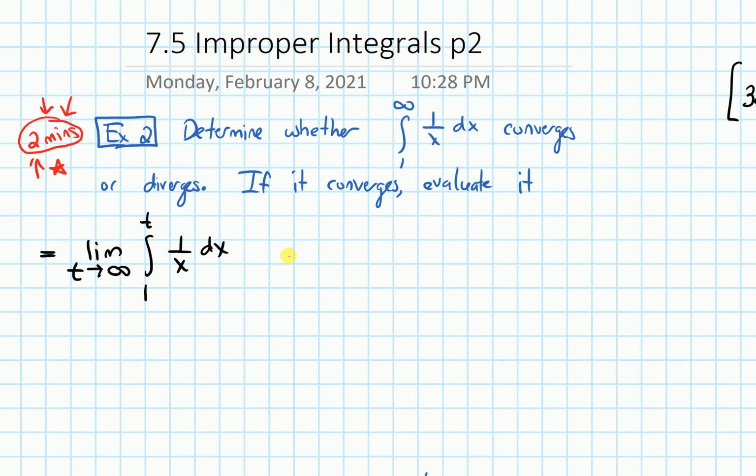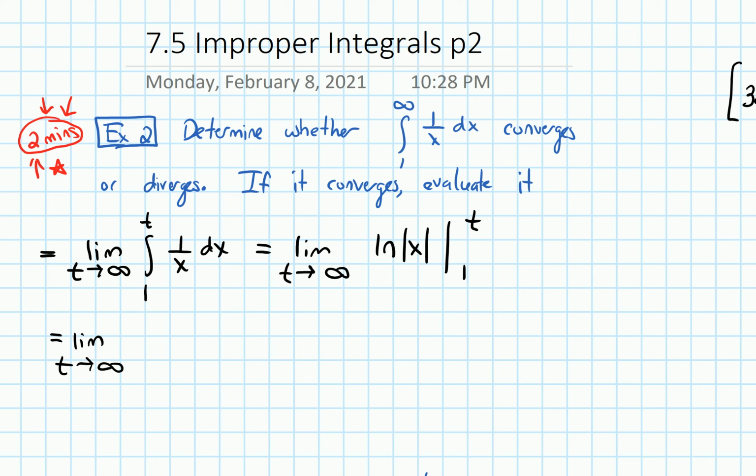So we can take this antiderivative. So we get the limit as t approaches infinity. And the antiderivative of 1 over x, we will get ln of absolute value of x. Vertical line, and then 1 and t. So now we start to plug in. So we get the limit as t goes to infinity.